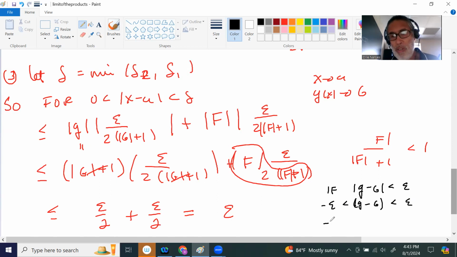So then we could choose 1 for our epsilon. And then what that basically shows is that the absolute value of g of x is going to be less than or equal to the absolute value of G plus 1, by just adding G on both sides. Then take absolute values and you got it. So that's this little step right here.